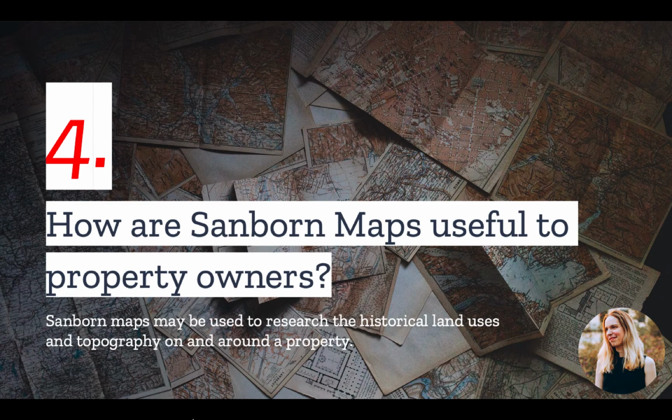Sanborn maps may be used to research the historical land uses on and around a property. They can assist with certain aspects of property research, including checking for historic wetlands, flooding, or potential environmental contamination. For this reason, Sanborn maps are often utilized during a Phase 1 environmental site assessment as a way to determine whether there is potential contamination on a property.